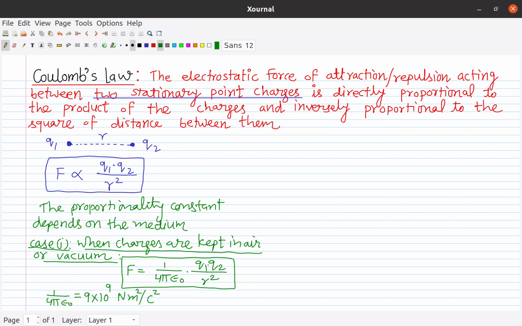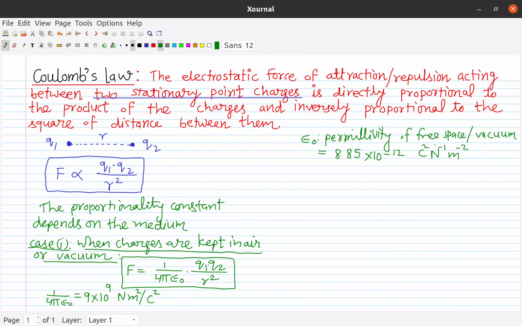And specifically, if you want to write epsilon naught, then this epsilon naught is known as permittivity of free space or vacuum, and its value is 8.85 into 10 raised to the power minus 12, and the unit will be the reciprocal of the previous unit, Coulomb square per Newton per meter square.